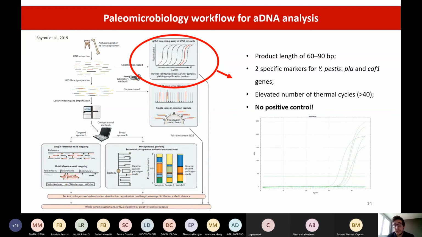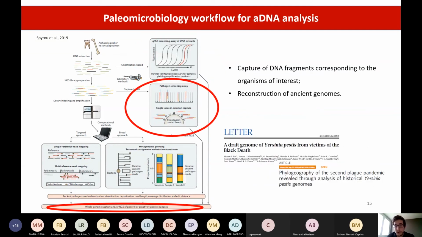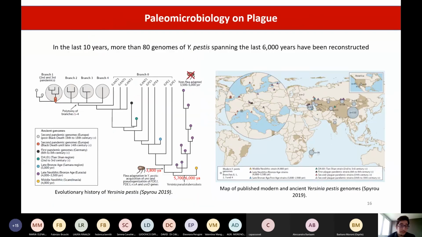And after we detected the positive samples, we can do a genomic analysis, analyzing all the fragments of DNA that correspond to the organism of interest. And if you have enough material, you can also try to reconstruct a partial genome of the ancient organism of interest.